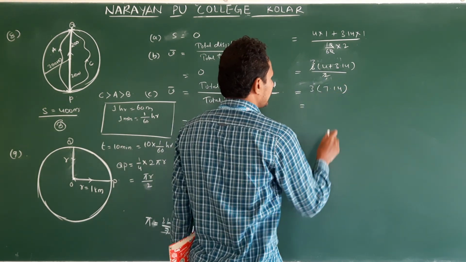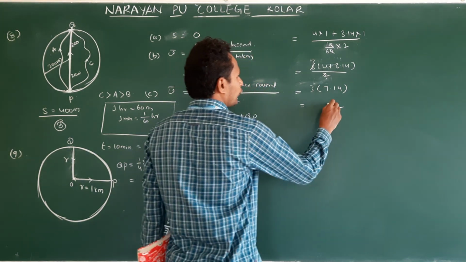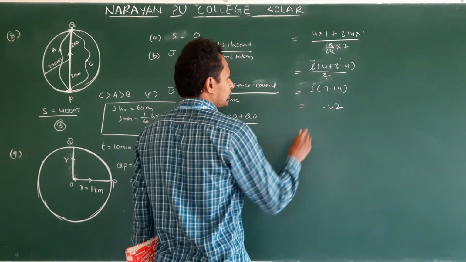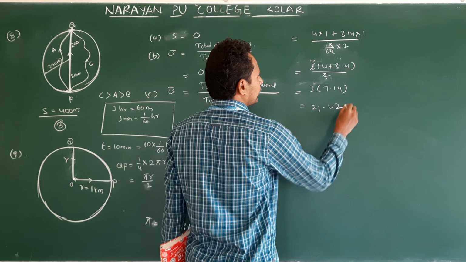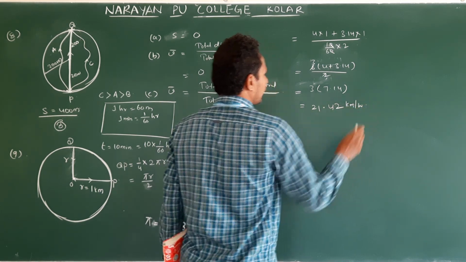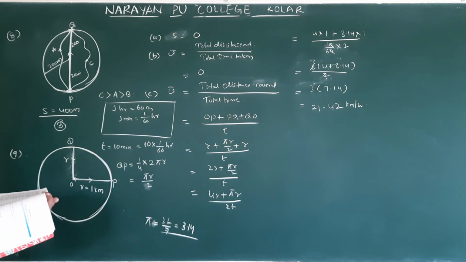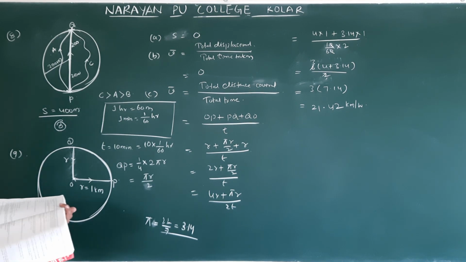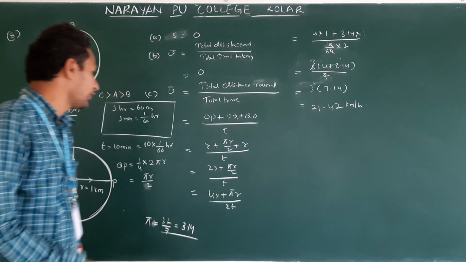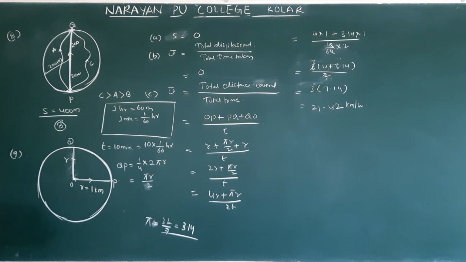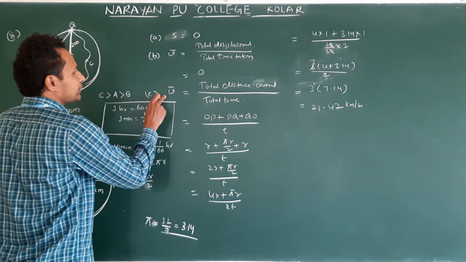You multiply this and you will get the answer, 21.4 kilometers per hour. Let me check whether we get the correct answer or not. 21.4 kilometers per hour. Clear? So this is the way to find the answer. This is question C.